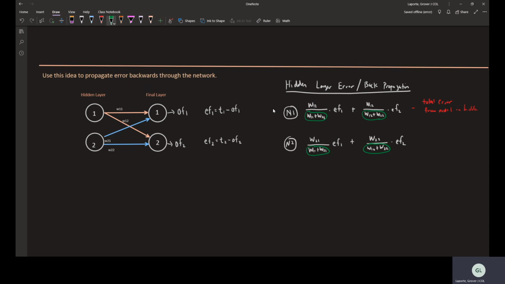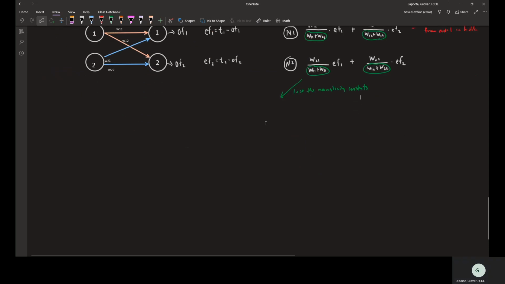But we're just making incrementally better steps when we start training this, and we need a whole bunch of data to do it. So let's lose the normalizing constant, so that it makes our calculations much easier.